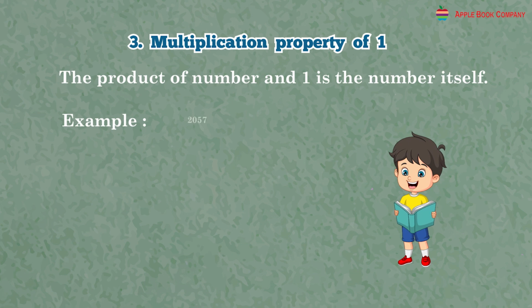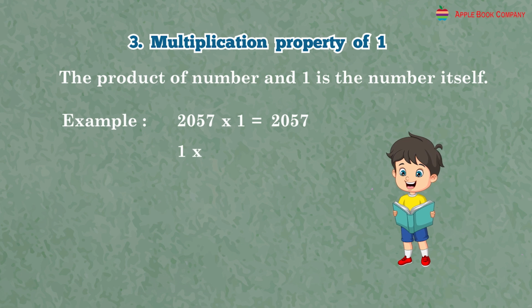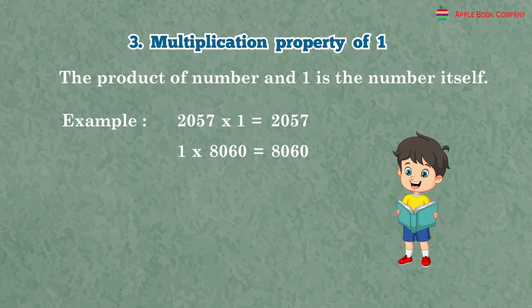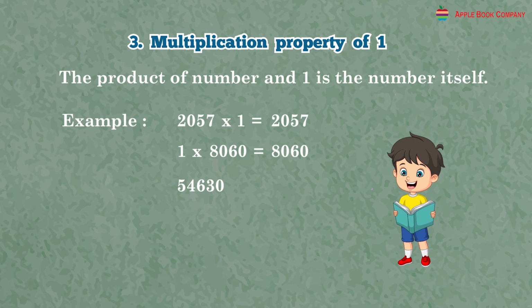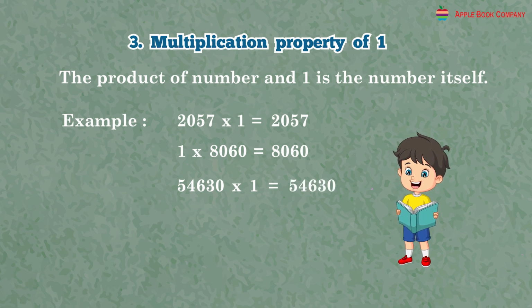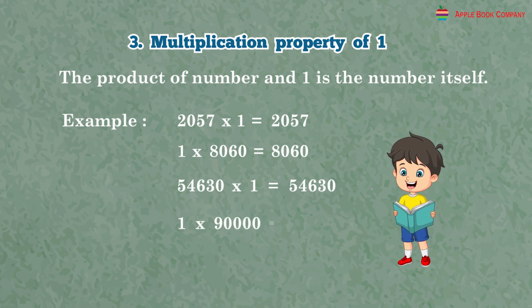Example: 2057 multiplied by 1 is equal to 2057. 1 multiplied by 8060 is equal to 8060. 54,630 multiplied by 1 is equal to 54,630. 1 multiplied by 90,000 is equal to 90,000.